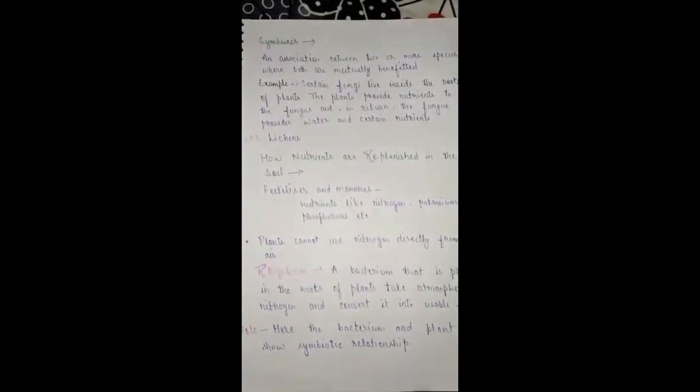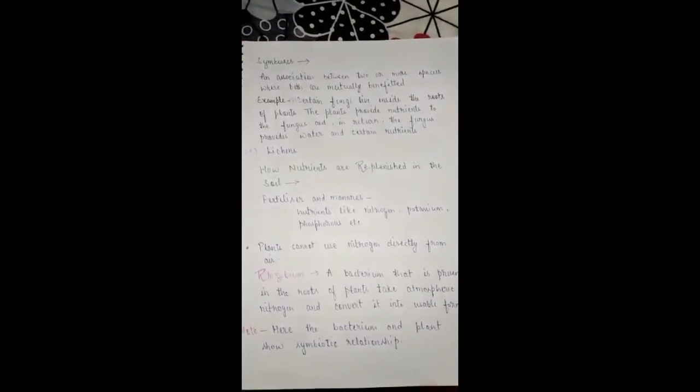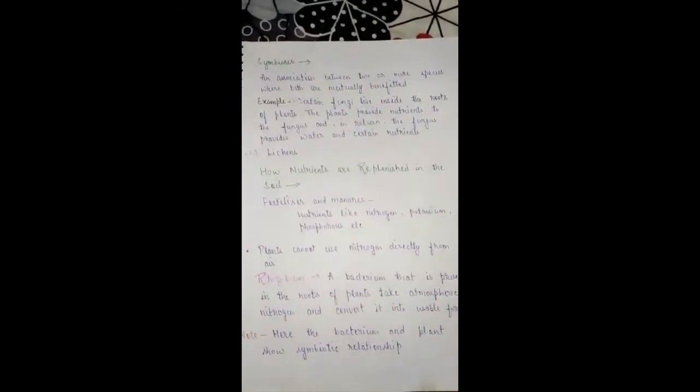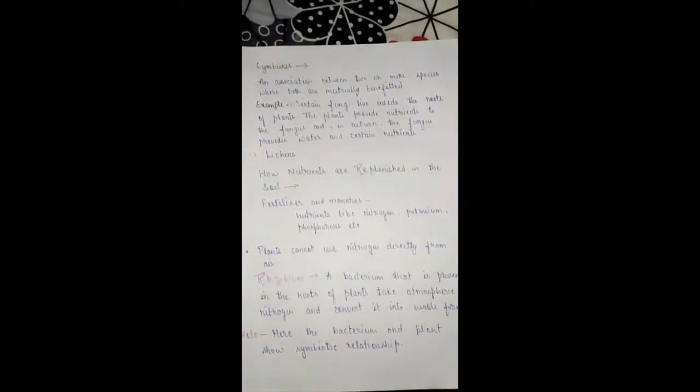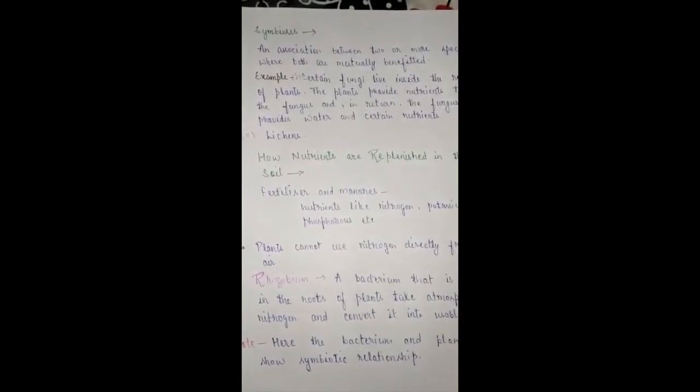Here we can see the bacterium and plant both show a symbiotic relationship. The rhizobium bacterium is present in the root of the plant. This bacterium provides nitrogen to the plant in the usable form, and in return the plant provides food and shelter to the bacteria. That's all for the chapter.